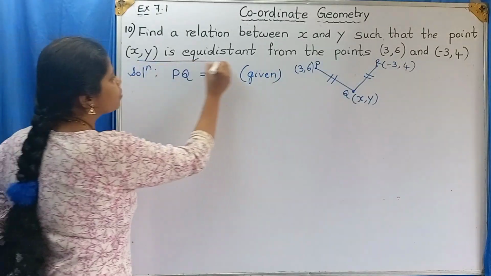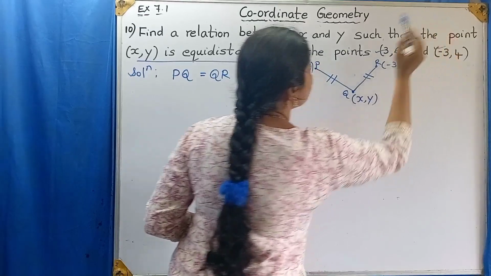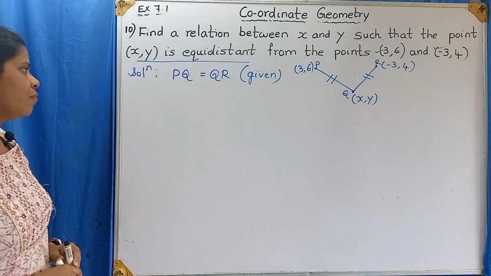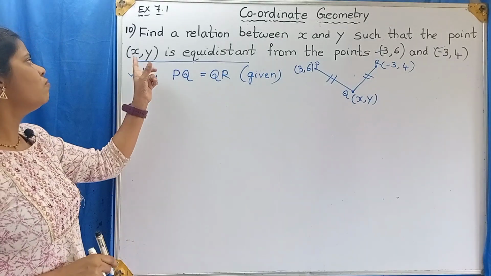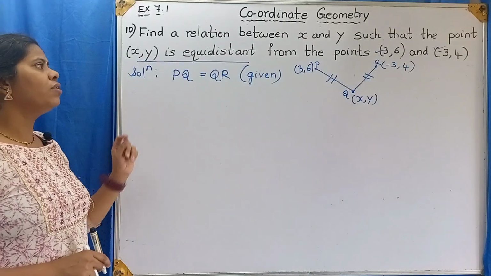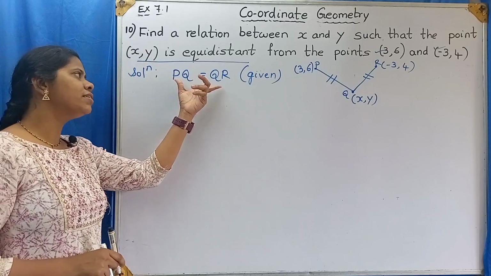Since the point (x, y) is equidistant to the point (3, 6) and to the point (-3, 4), we can write that PQ is equal to QR. Then, what we have to find out? We have to find out the relation between x and y. To find the relation between x and y, we can take the help of this condition.